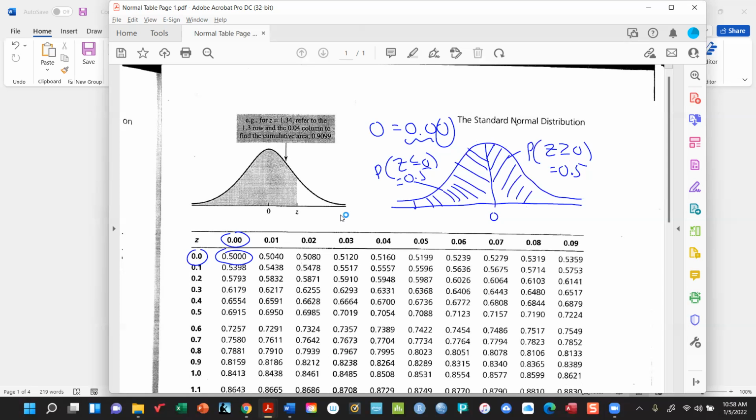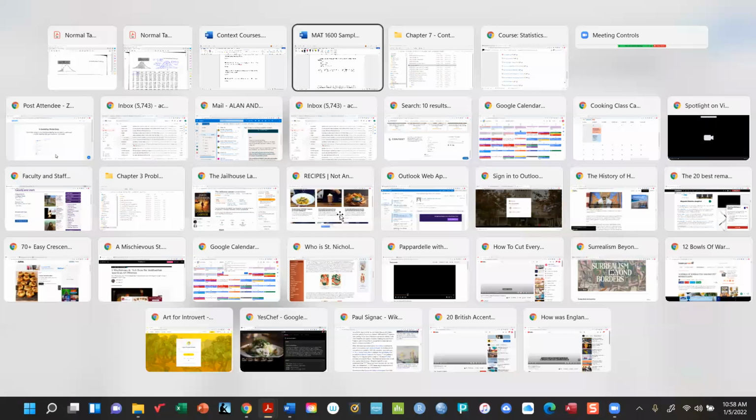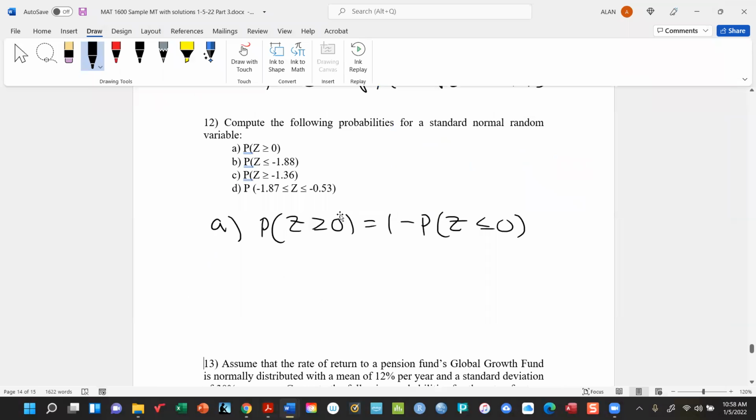So in a case like this, you don't really even need the table if you remember that. And you can just write it that this is true by definition, or you can just do it the traditional way by grabbing it from the table and you're done.